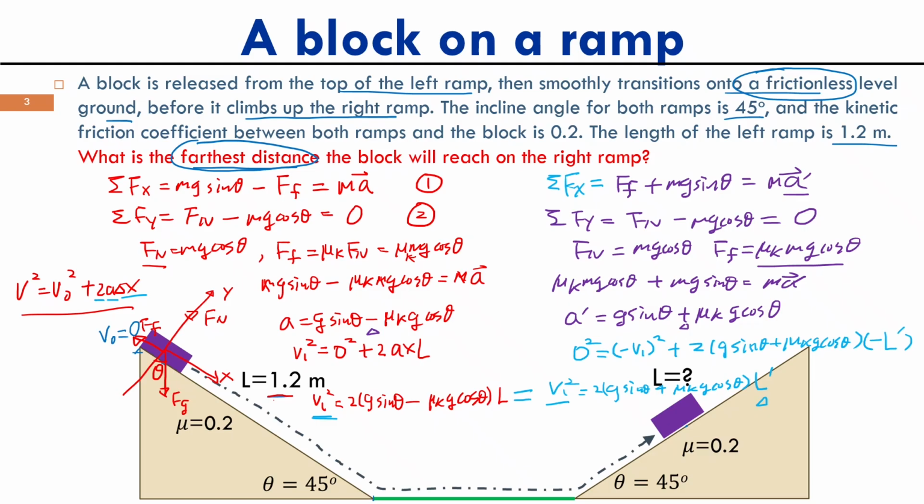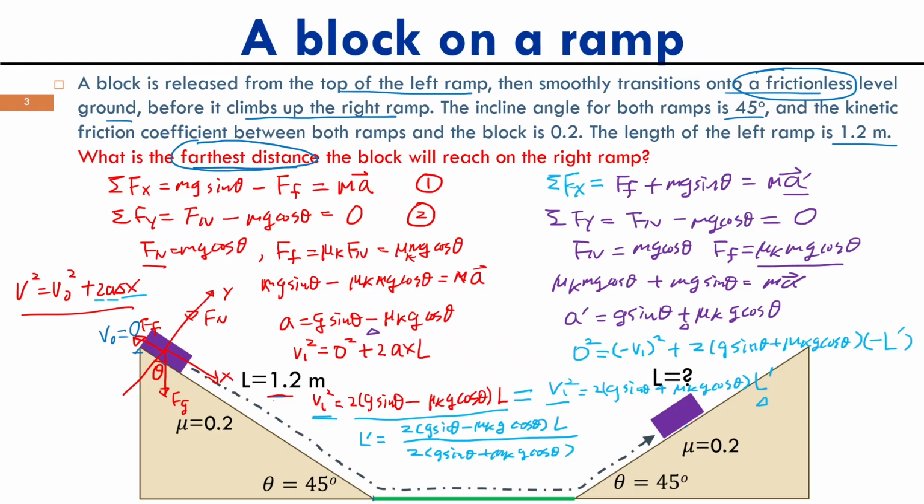So then I can simplify this equation because I can get my L prime right away. So let me see, what do I get? My L prime equals this whole thing, right? 2 times g sine theta minus mu k g cosine theta times L, divided by this whole thing here, divided by 2 times g sine theta plus mu k g cosine theta, right?